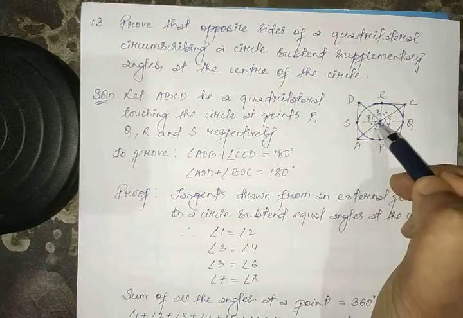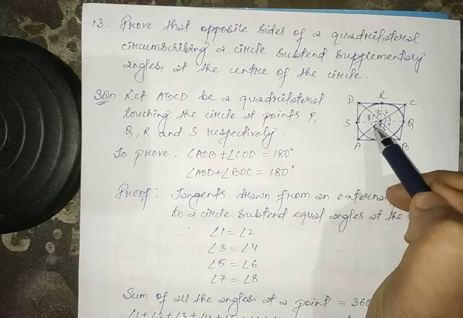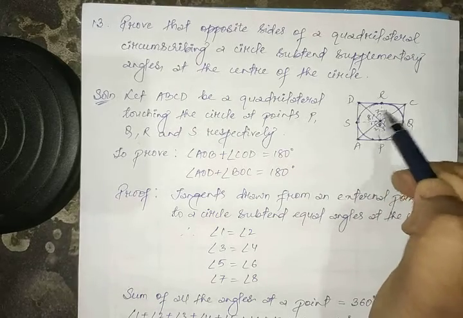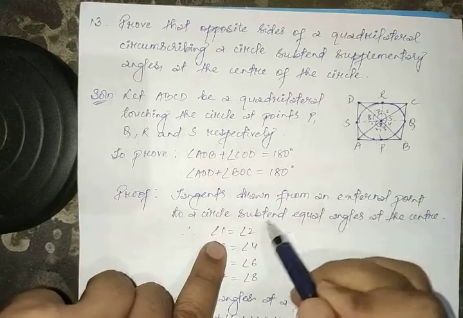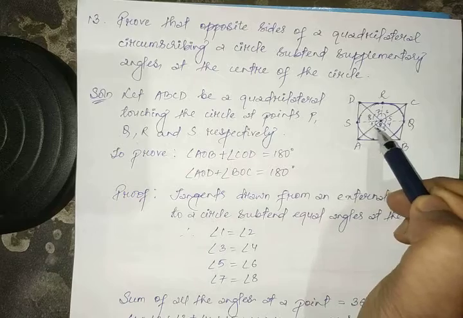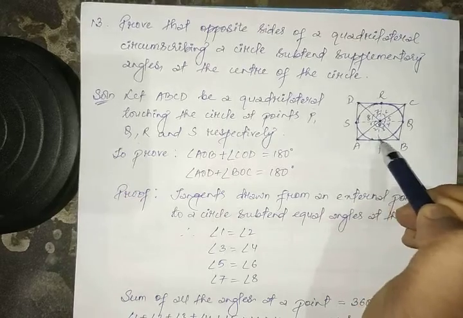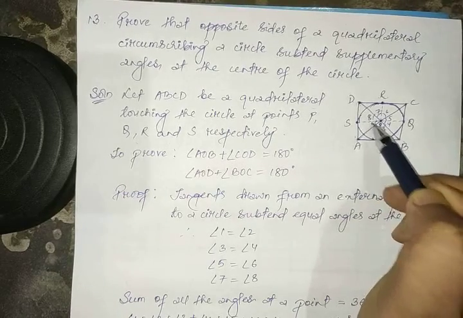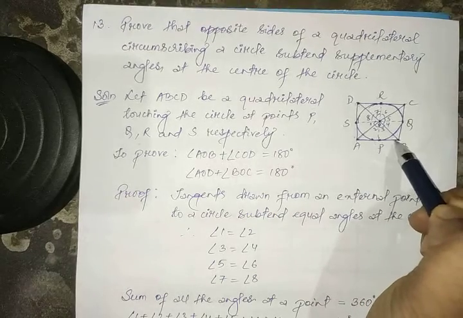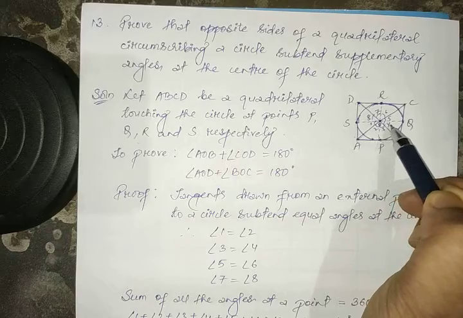That means these two angles, I have considered angles here, starting from 1, 2, 3, 4, 5, 6, 7, 8. Total there are 8 angles. And what does it mean? It means they subtend equal angles at the center. So for the tangents AP and AS, angle 1 will be equal to angle 2. Similarly for the tangents BP and BQ, angle 3 will be equal to angle 4.